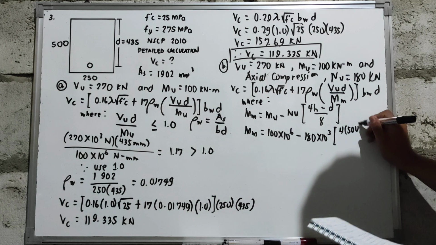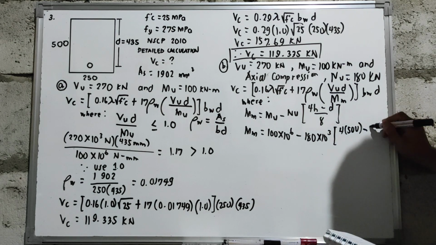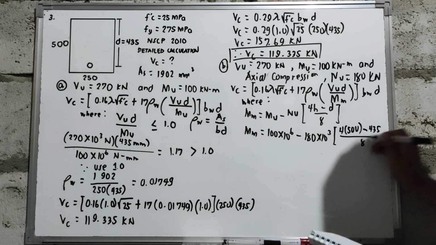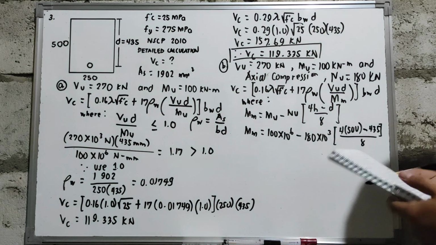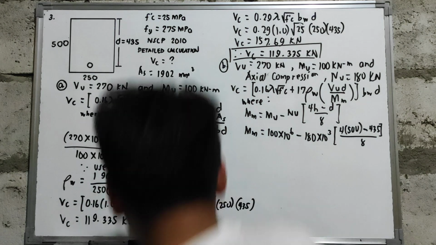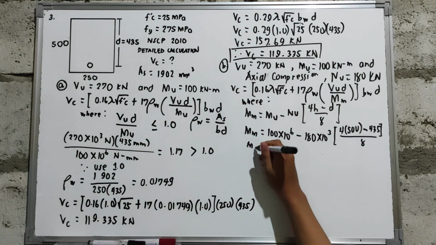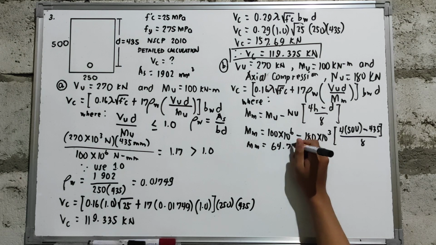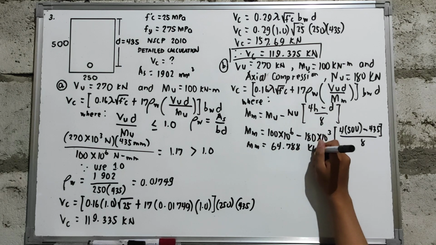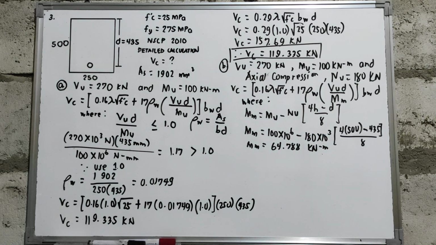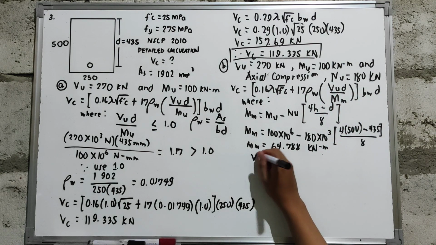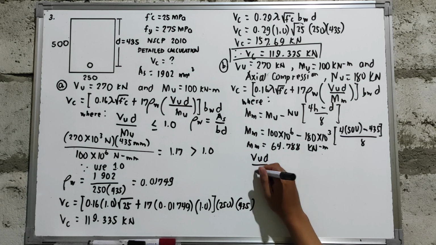So 500 minus yung effective depth natin na 435 mm all over 8. So you have a value of your modified moment which is equal to 64.788 kilonewton meter.